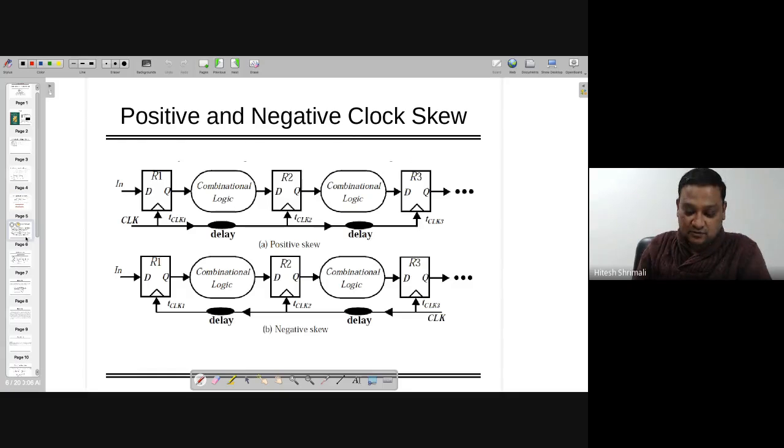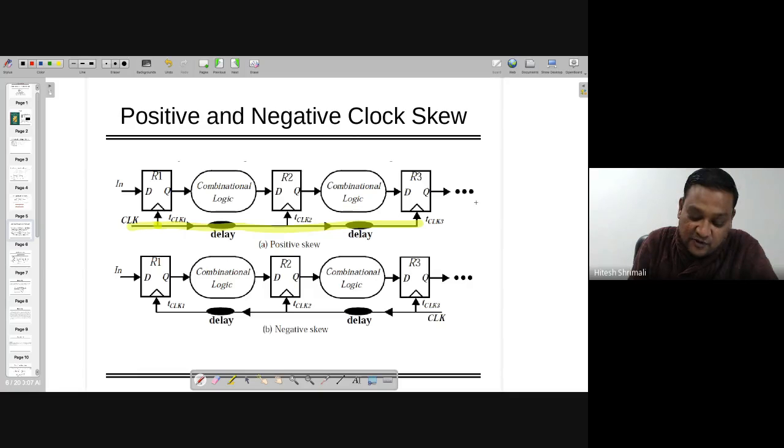Now let's understand there are two kinds of clock skews. It might be positive, it might be negative. So here you can see that this particular system, the first one, is a positive clock skew because you are starting the clock from here. But because of interconnect and other delays, clock 2 and clock 3 are getting the positive delay, right?